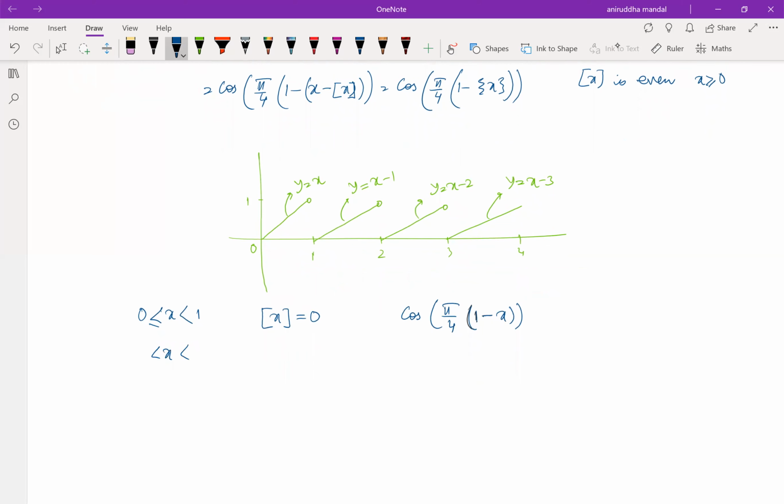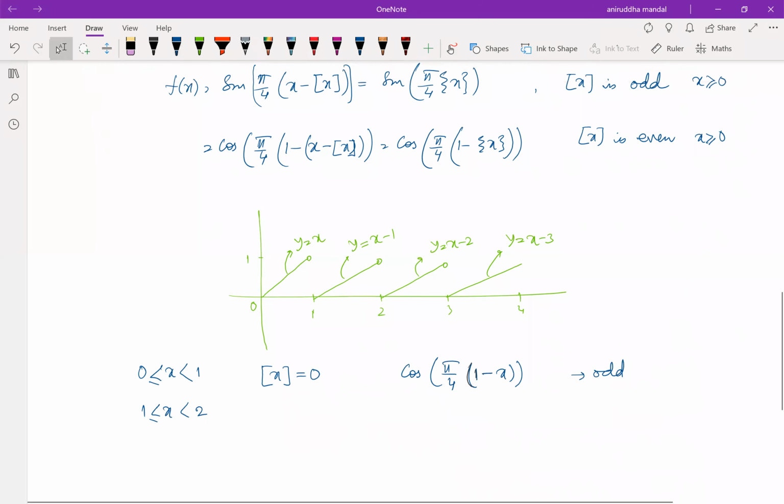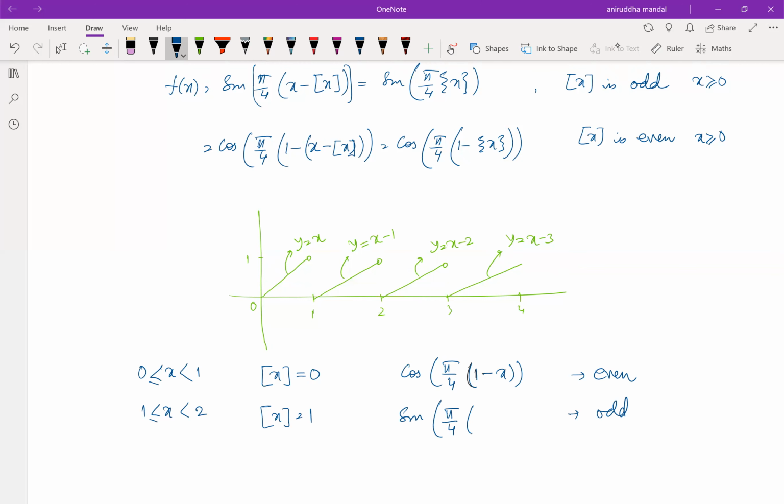Then if x lies between 1 and 2, this is an even-odd function, that's why we have used this cos function. If x lies between 1 and 2, the box function is 1, and 1 means odd, so we have to use the sine function: sine(pi/4 (x minus 1)).